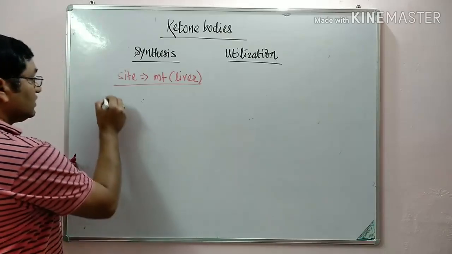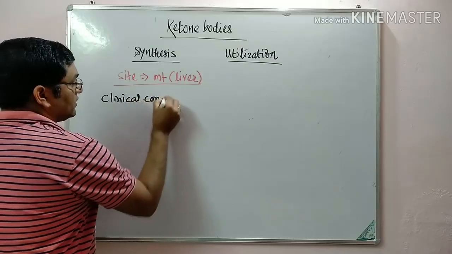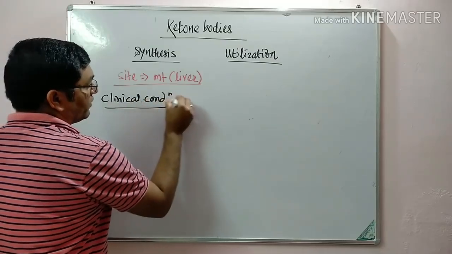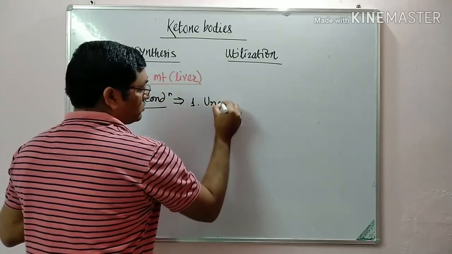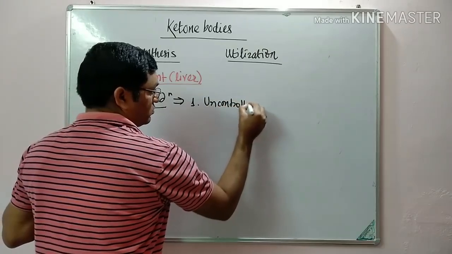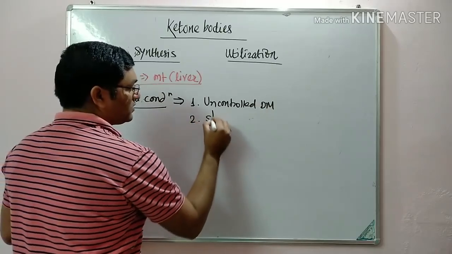The first one is uncontrolled diabetes mellitus, and the second one is starvation.